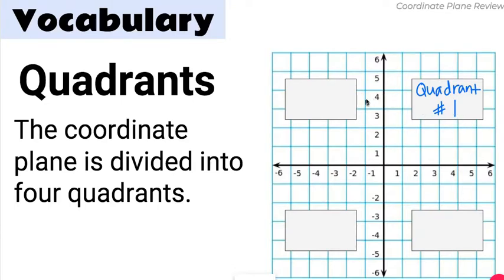And it actually goes in counterclockwise order. So to the left is quadrant 2. Quadrant 3. And quadrant 4.